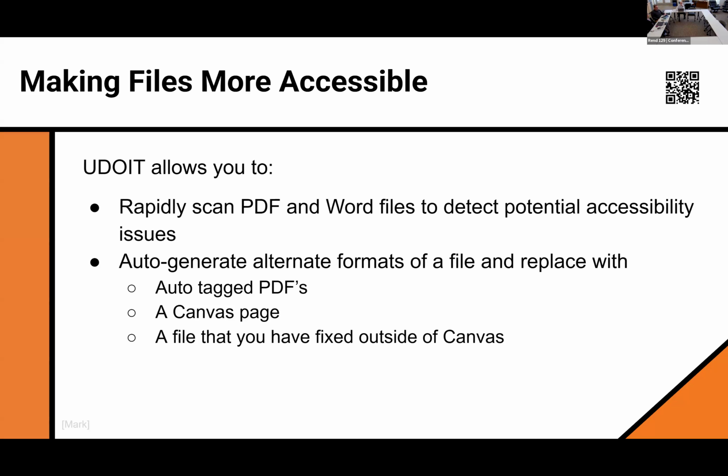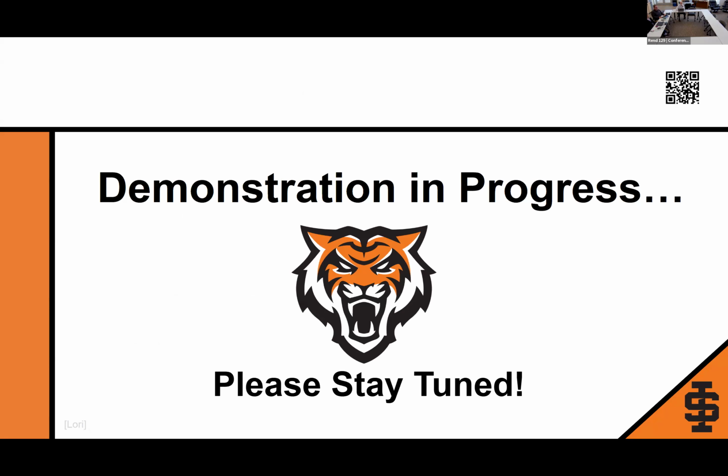That way, when it's auto-tagged, a screen reader hitting that PDF will be able to interpret its content. Also on a Canvas page, or a file that you have outside of Canvas, so anything that would take you to another Word doc or a PDF that's not within Canvas, it will identify those as well.